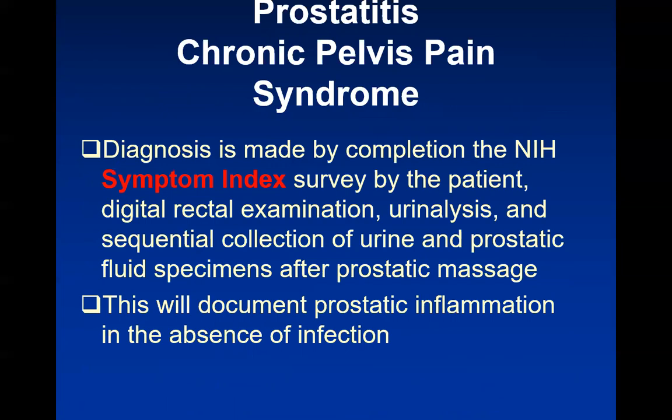The most important ones are the objective findings, the stuff that the physician will be finding, including the findings on the digital rectal exam, urinalysis, and the PSA. After you do prostatic massage, you collect this fluid and send it for Gram stain and culture. And the least important are the symptoms reported by the patient.